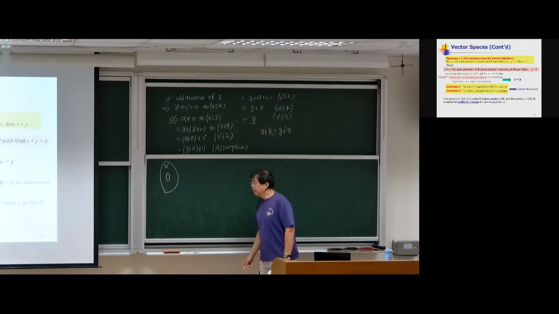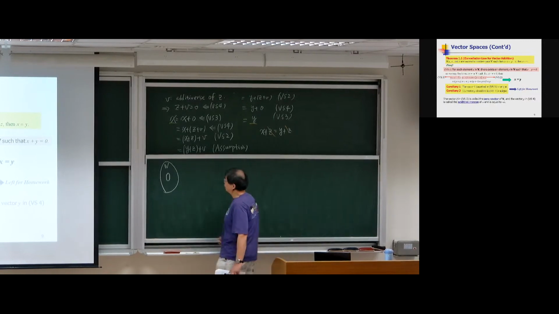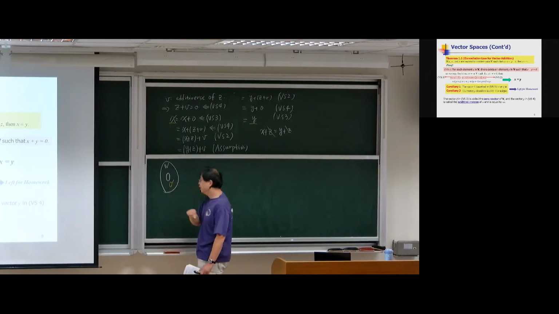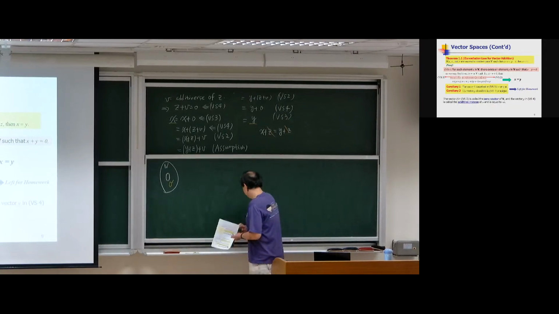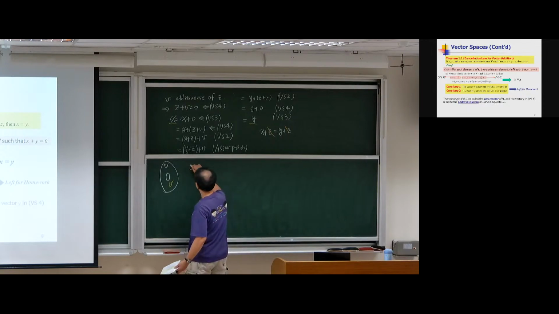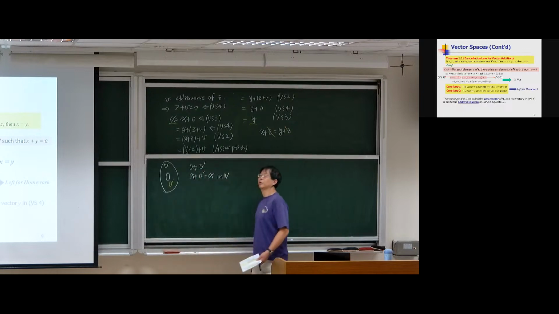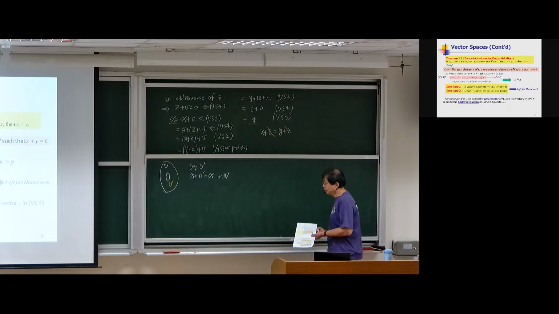But is it unique? Is it possible that there exists another 0 vector, which we denote as 0 prime, such that 0 is not equal to 0 prime, but x plus 0 prime equals x in V? Is it possible?